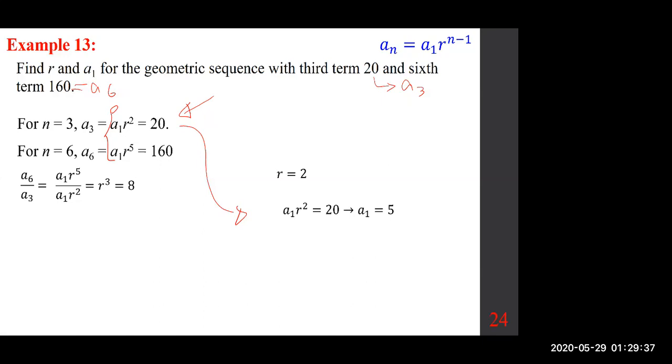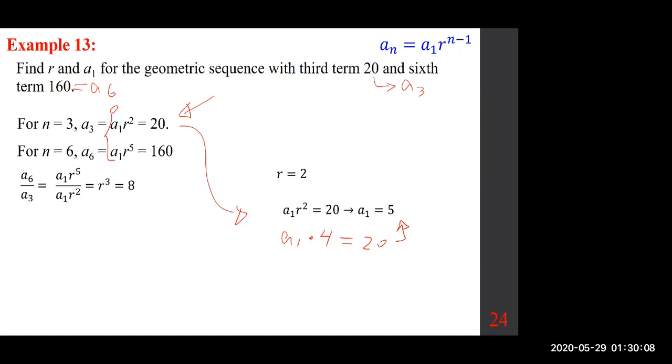Remember, this is A sub 1 times 2 squared, which is 4, equals 20. And that gives us the value for A sub 1, which becomes number 5. Okay, sounds good, everybody? Yes. Perfect.